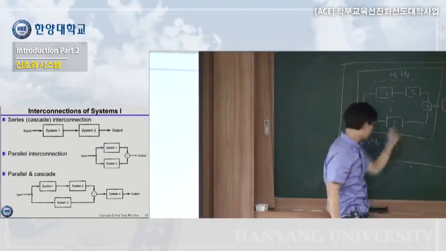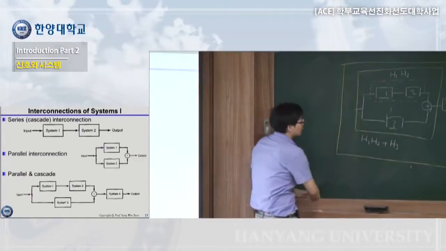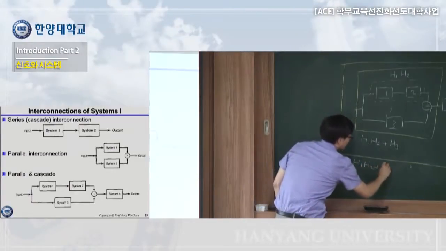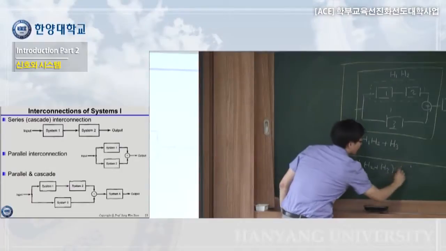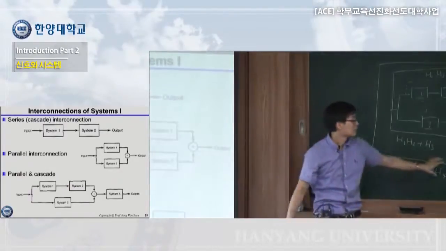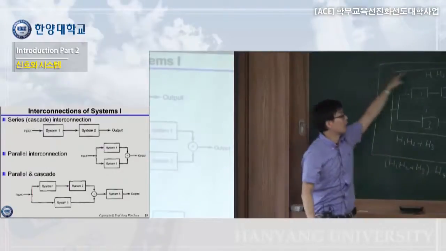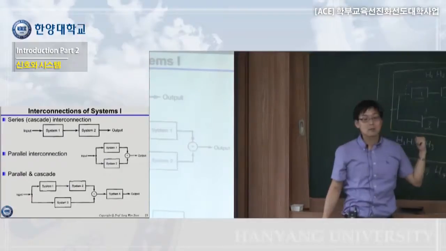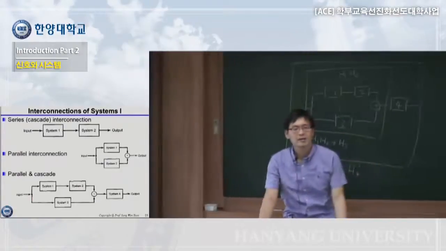They're cascaded. So how do we do it? In cascade, we multiply them. So this one and H4 are multiplied. So this is the system function describing the whole system. Quite simple. Not so difficult, hopefully.